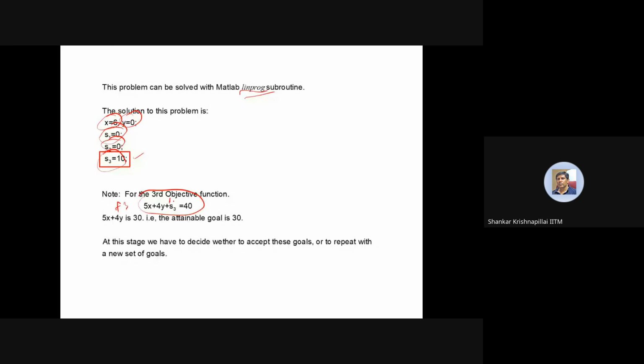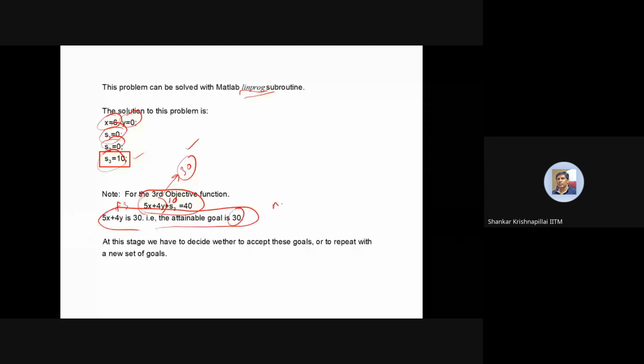Now S3 is 10, so 5x plus 4y is 30. We are not able to reach 40 for the third objective function. You can only reach 30, so the attainable goal for the third objective function is 30 and not 40.